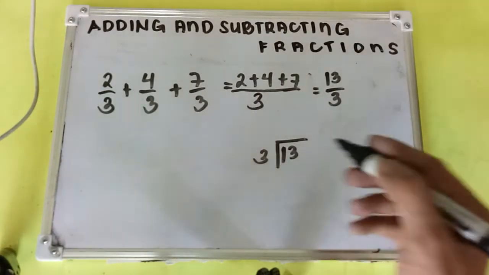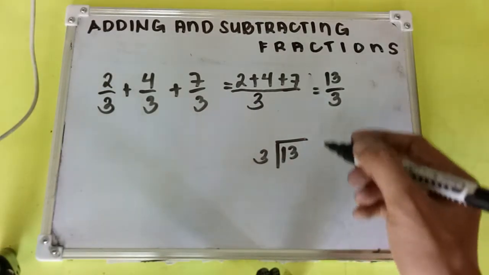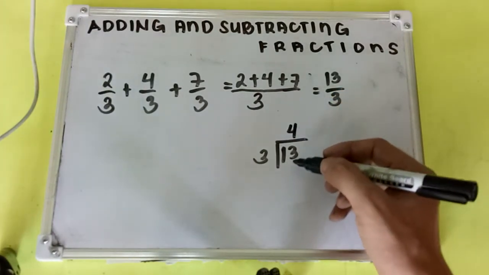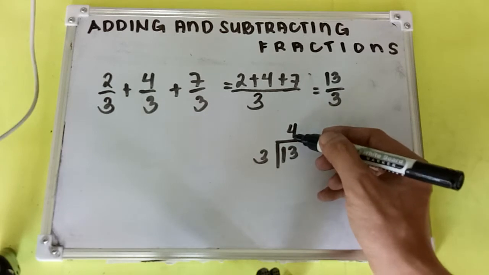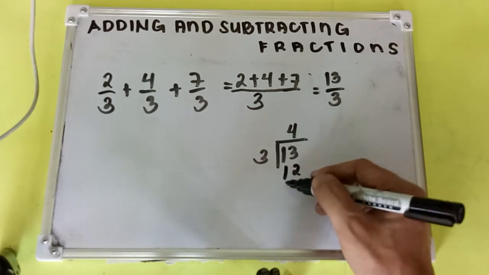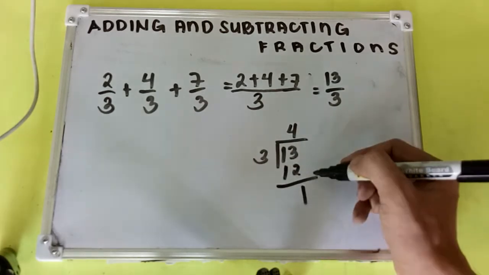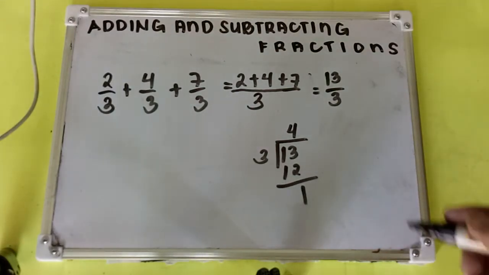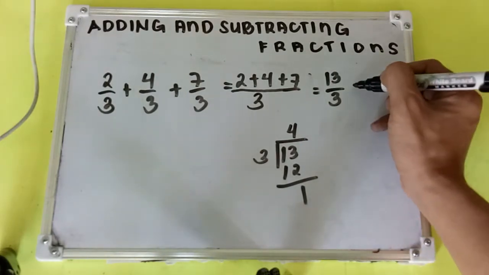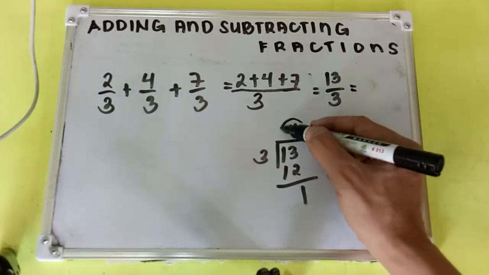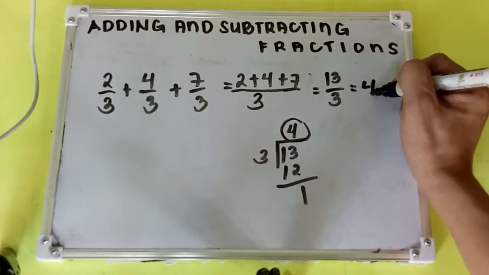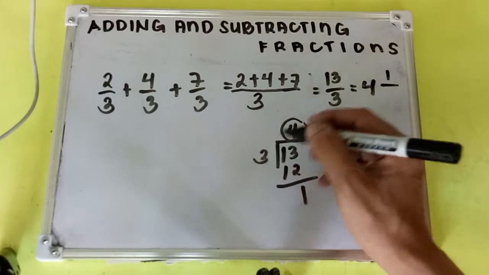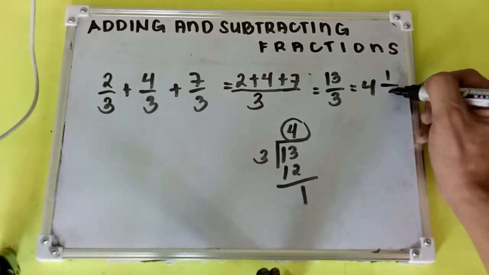So 13 divided by 3. So ang possible ay 4. Ang pinakamalapit ay 4 kasi 4 multiplied by 3 is 12. And then may matitirang 1. So kung decimal ang sagot natin, itutuloy pa natin to, pero fraction lang naman tayo. Kunin natin yung whole number na 4 and then yung remainder na 1 at yung pinang-divide natin na 3.